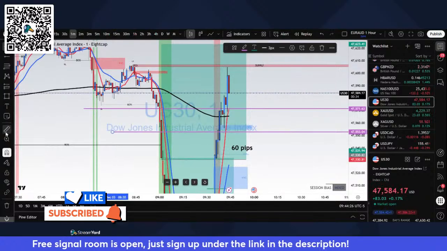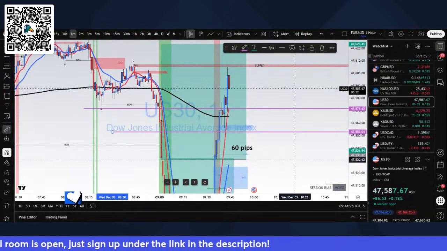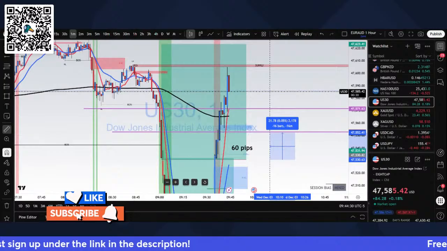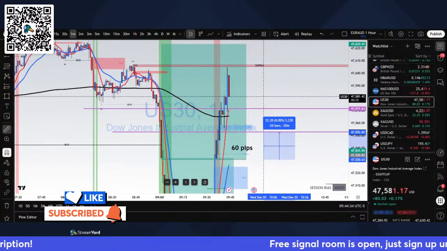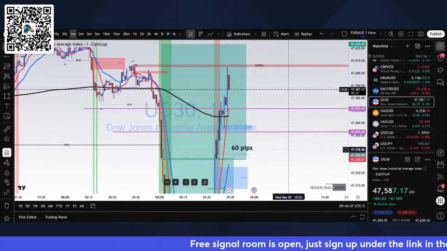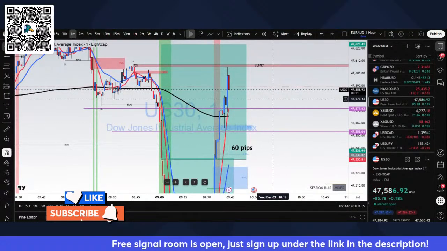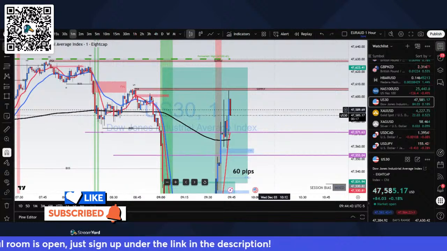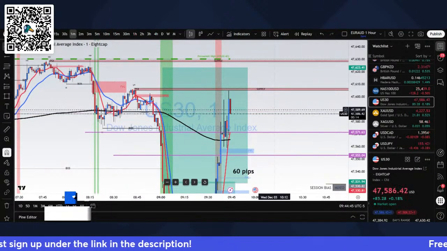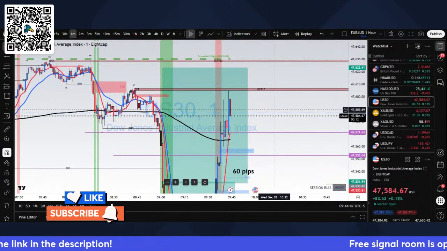Let's check. Oh, it's 20. 20 pips in profit. So if we get stopped out, that'll be another 20 pips. That'll be 80 pips. So let's see what happens here, guys. See if it'll hit full TP here. I think it's gonna. I feel like it wants to.